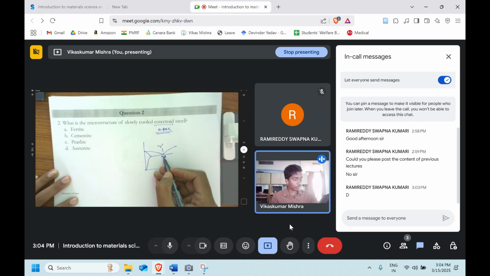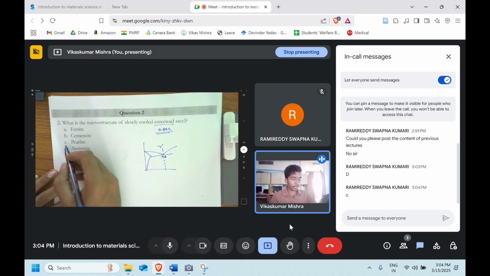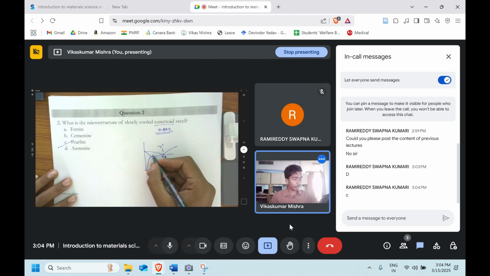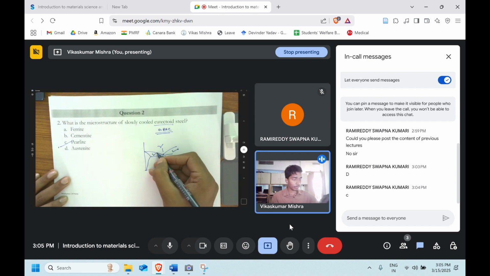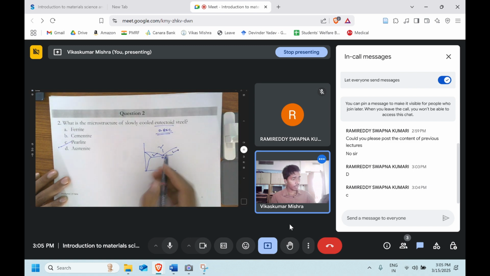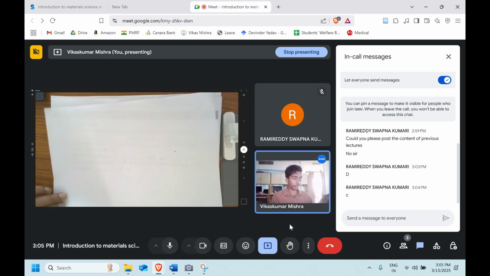Here we are slowly cooling it. What will we get? We won't get any proeutectoid ferrite or cementite, which we get mostly in the hypo. In hyper we get proeutectoid cementite, and here in hypo we get proeutectoid ferrite. At exactly 0.8% carbon, we won't get those things. We will directly get the pearlite. So 100% pearlite will form at 0.8% carbon. Very good. Let's move ahead to the next question, question number 3.